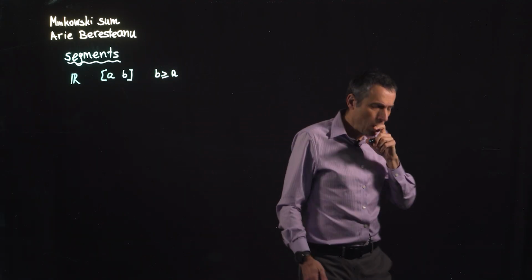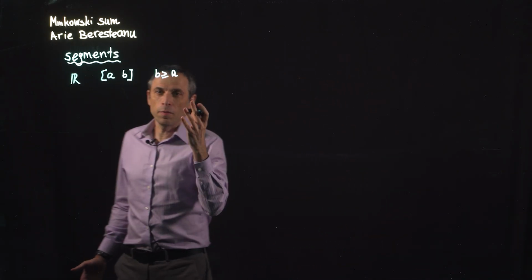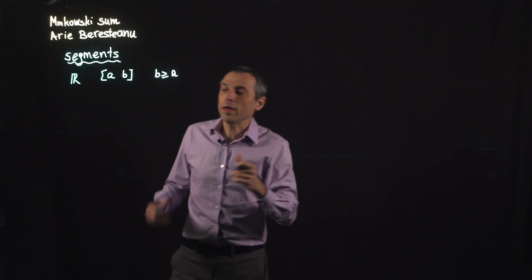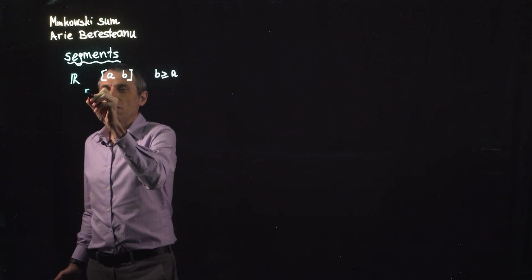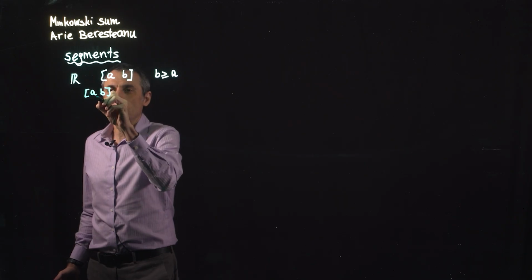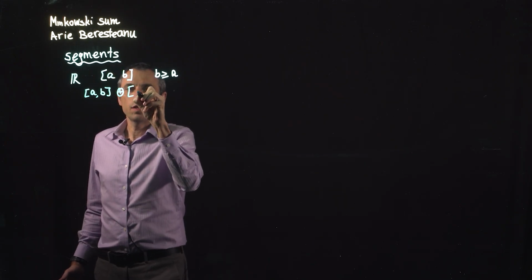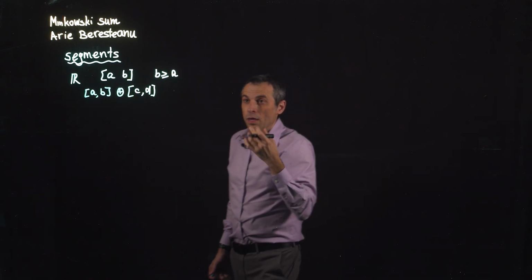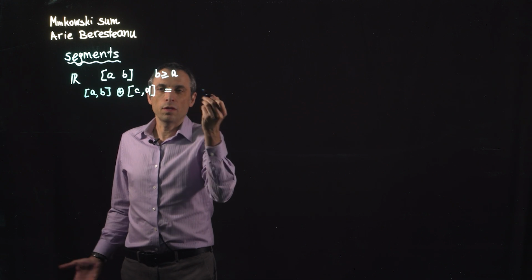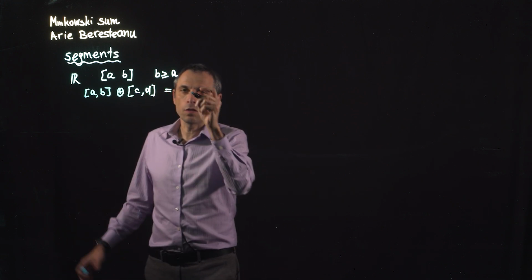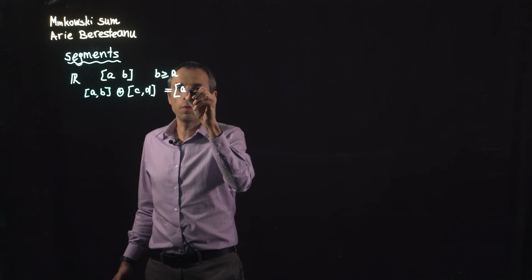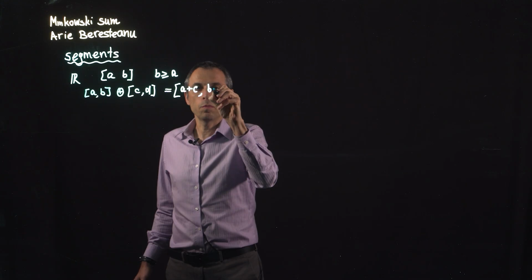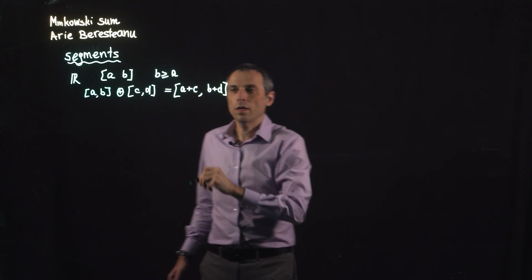So what is the sum of 2 segments, A and B, and C and D, and what do we get out of Minkowski summation? If I sum the segments A and B with C and D, where again D is weakly bigger than C, then the solution is very simple. We get another segment, where the lower bound is A plus C, the usual summation in R, and the upper bound is B plus D. That's the rule.